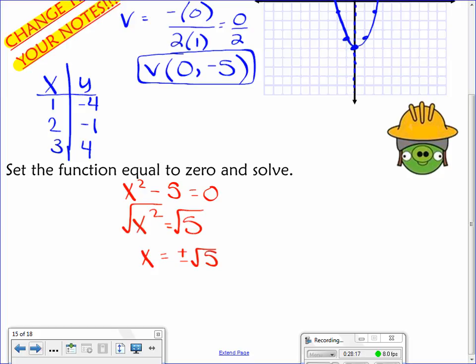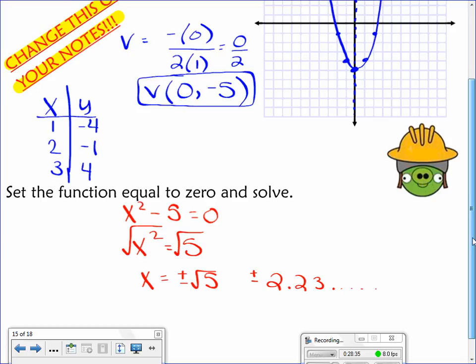There is one. It's just not pretty. Grab your calculator. Type in the square root of 5. 2 point what? 2.23 bunch of stuff. Plus or minus. Where did you tell me that crossed?